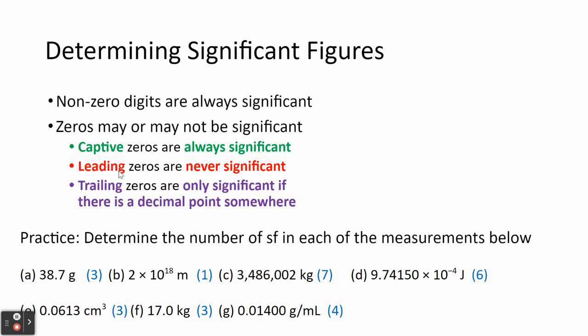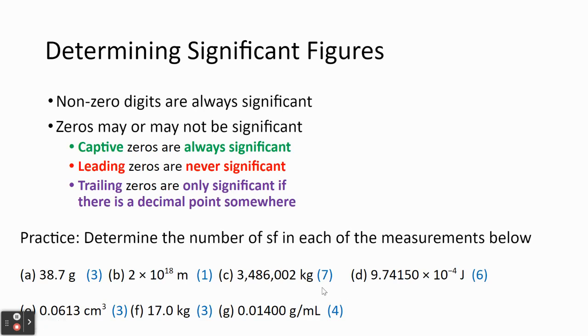If the 0 is what we call a leading 0, meaning it's at the beginning of the number, it's never significant. And if we have what we call trailing zeros, meaning zeros at the end of the number, they will only be significant if there's a decimal point somewhere in the number.